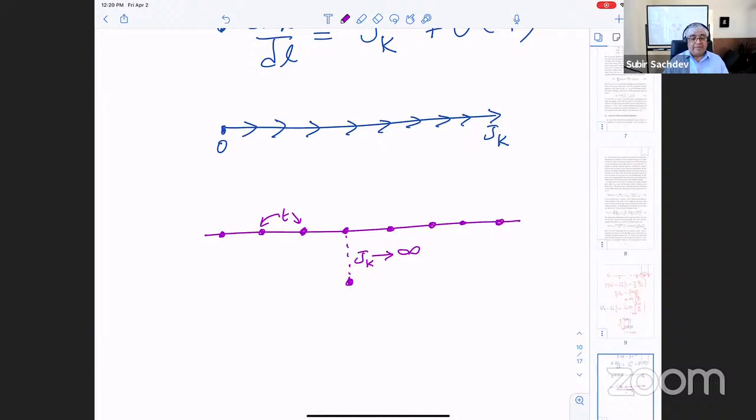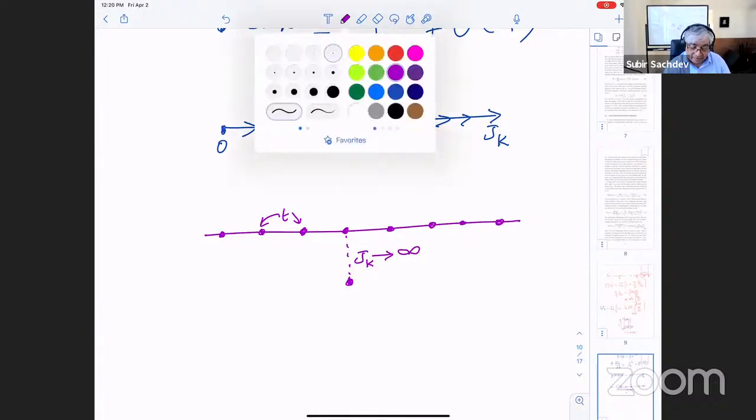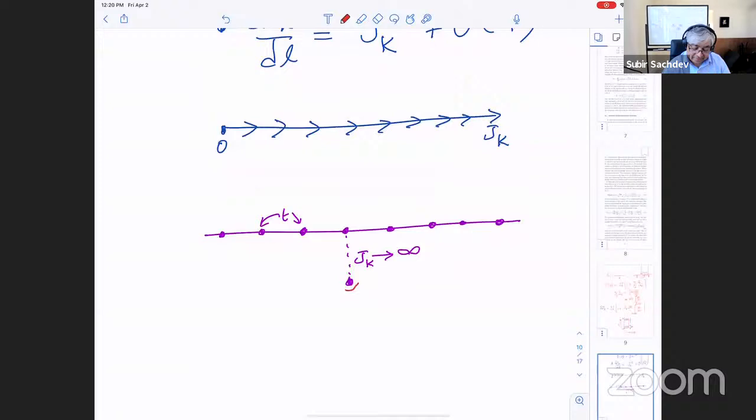So what we were doing initially was minimizing the hopping energy. We were just filling the lowest energy states, and we had a Fermi level, and we were just starting from there, free electrons. But now, if J_K is going to infinity, what we should do is make J_K happy first. And what J_K is going to want is for this electron to form a singlet with that electron.